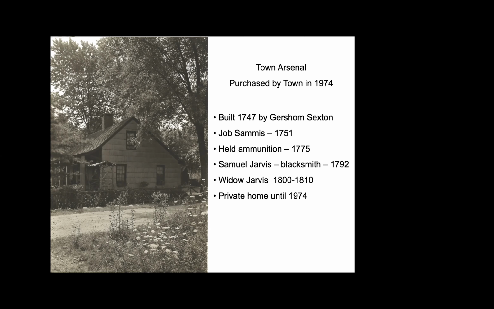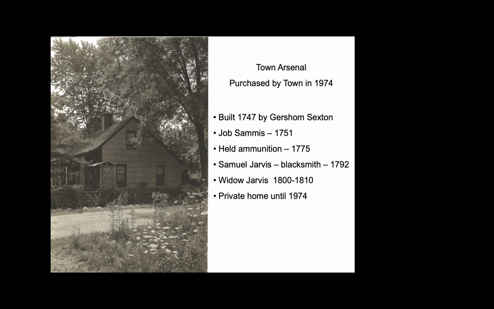It became known as the Arsenal because during the lead up to the Revolutionary War, the militia would train on the Village Green, and they asked Job Samus if they could store their arms in his house instead of bringing them back and forth from home. And the Provincial Congress sent the Suffolk militia 100 pounds of gunpowder, which was stored in his house as well.